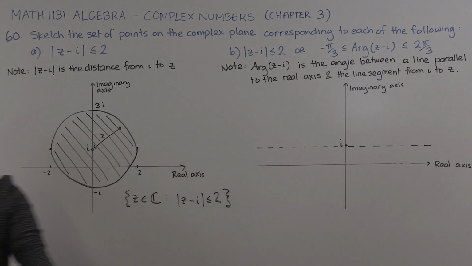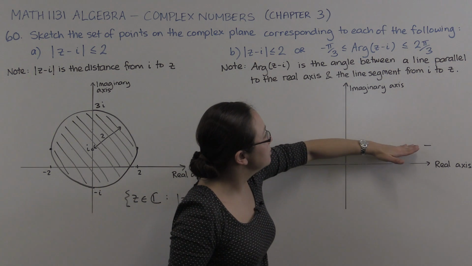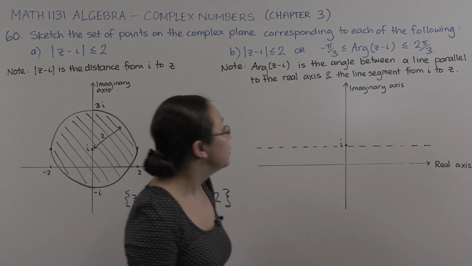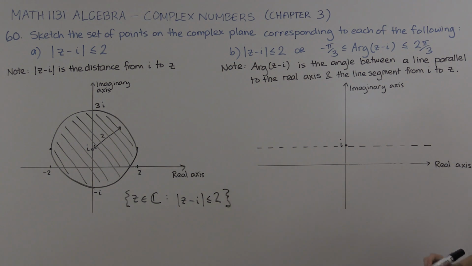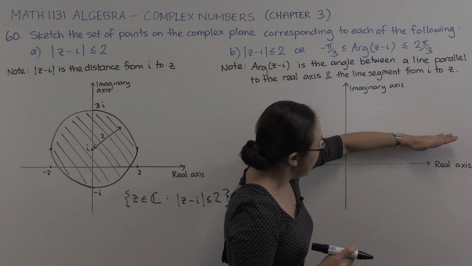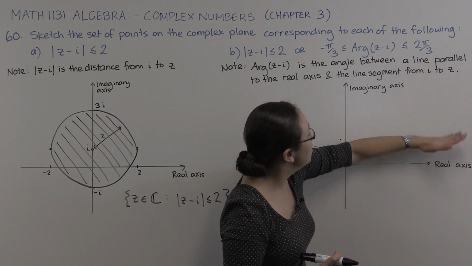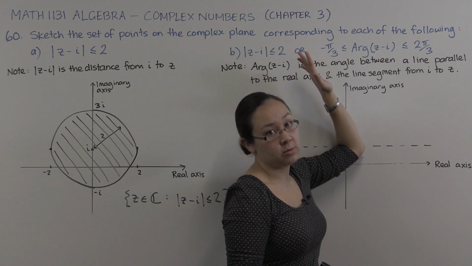We want the angle between this line parallel to the real axis and a line segment from i to z to be between minus pi on 3 and 2 pi on 3. So at most we're talking pi on 3 clockwise this way, and at most 2 pi on 3, all the way around here, anti-clockwise.